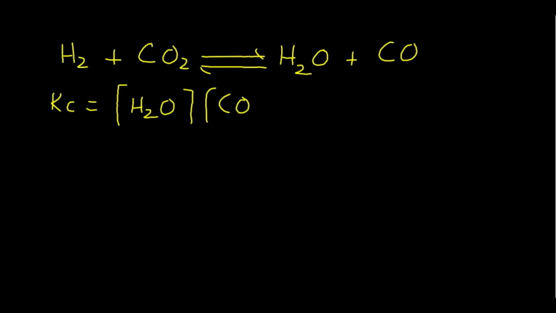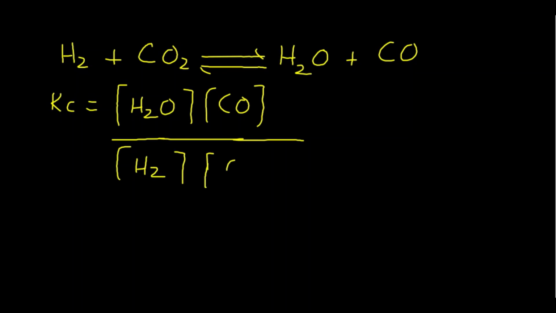These are the products. Then reactants should be written as denominator. So what are the reactants here? Hydrogen and carbon dioxide. These are reactants. Right students?